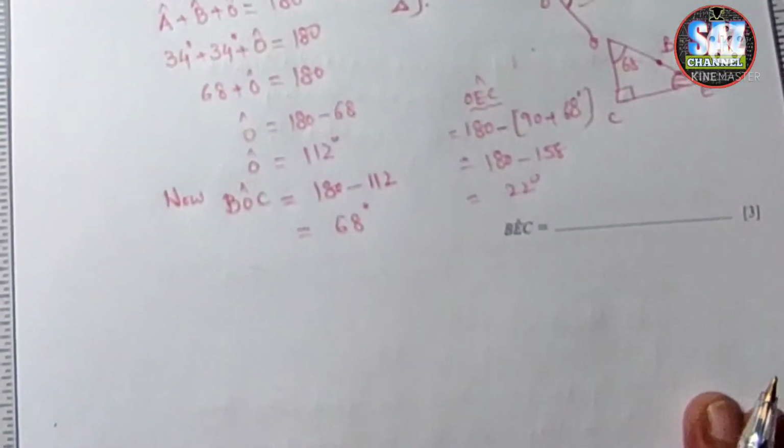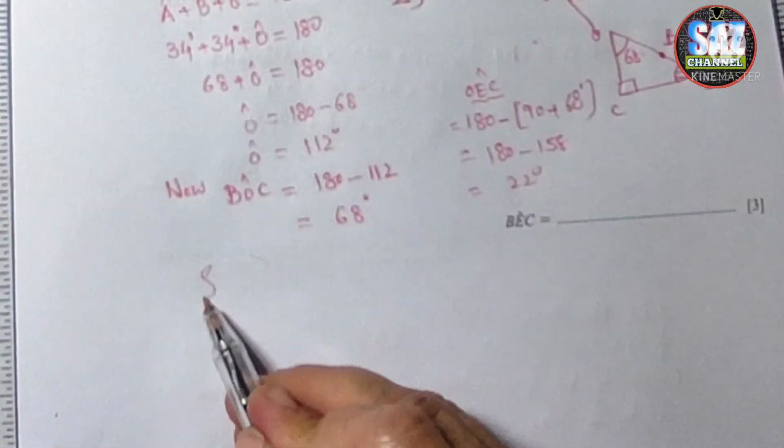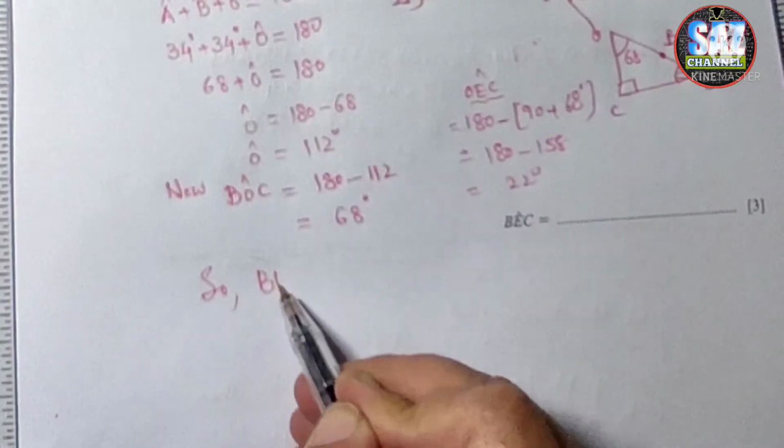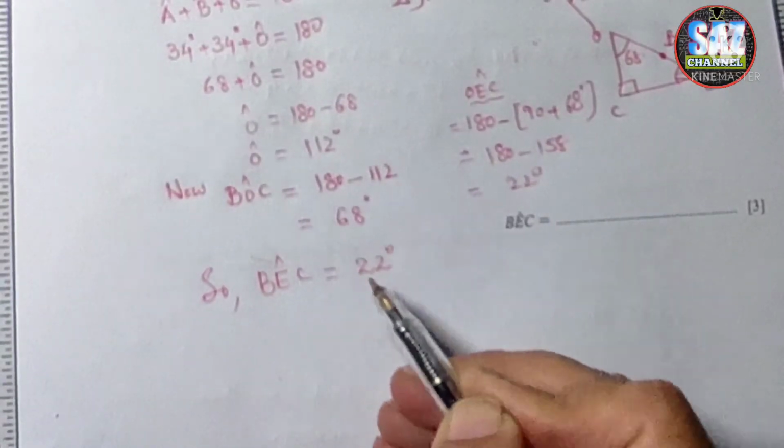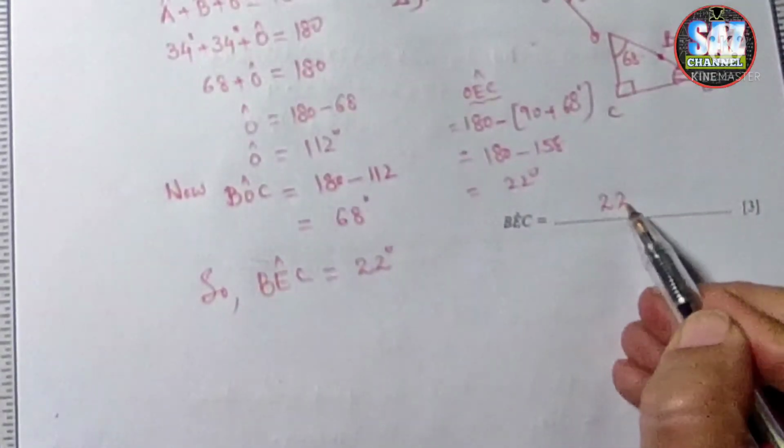So the requirement of the question is angle BEC, which is equal to 22 degrees. Very easy and very interesting question.